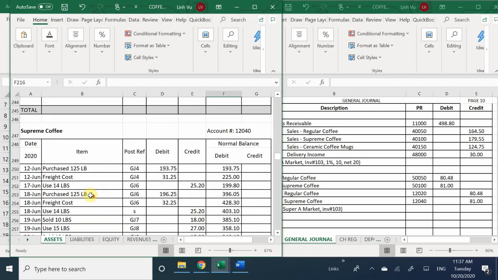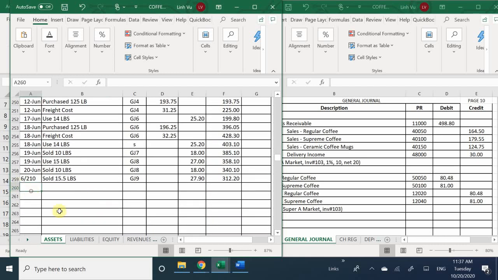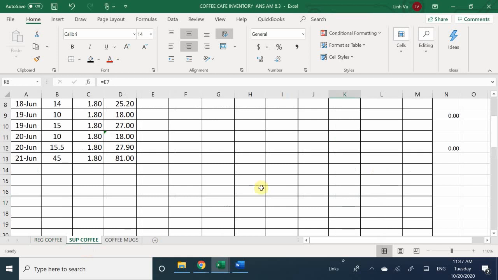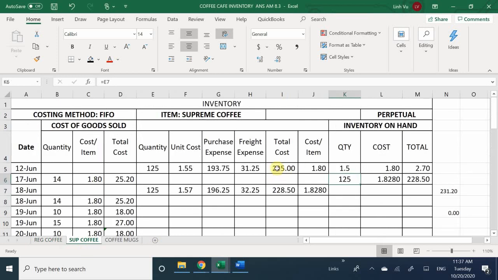And then lastly, my Supreme Coffee. I sold 45 pounds. General Journal number 10 for how much? $81, bringing my balance to $231.20. Is that correct? Do we match our inventory worksheets? $231.20. Yes.